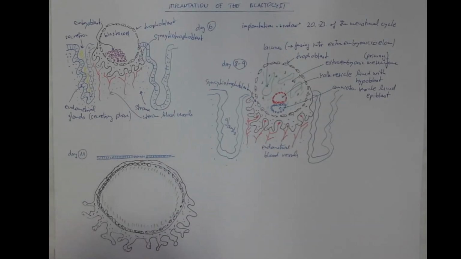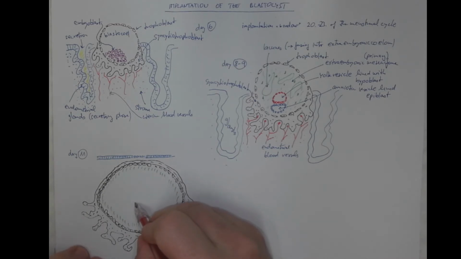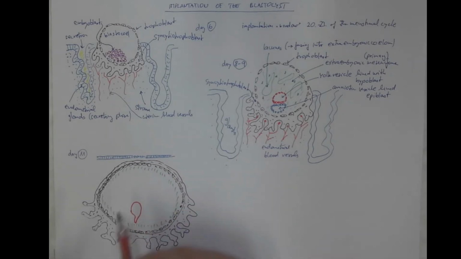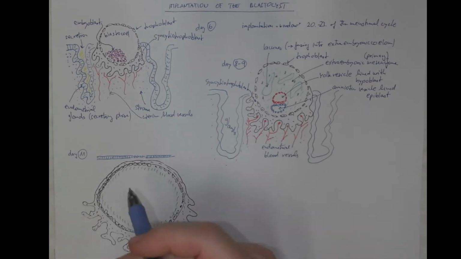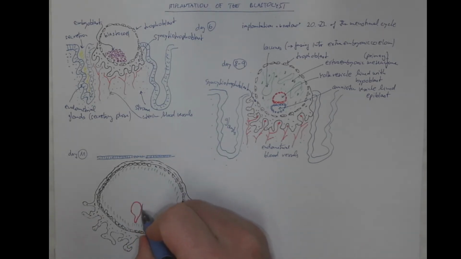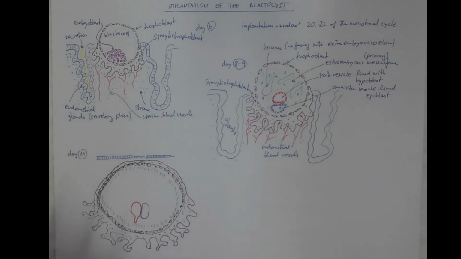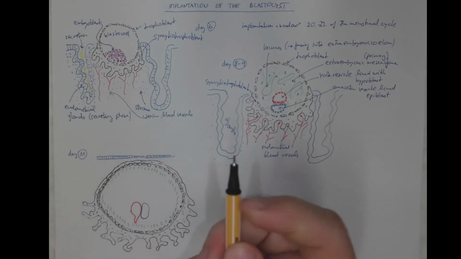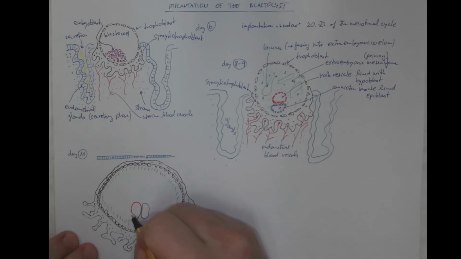So we already know we got the yolk sac that forms kind of a finger-like protrusion here, and we got the amniotic sac. Both are in close touch and they will interact later on to form the embryo.